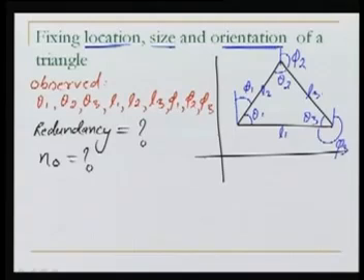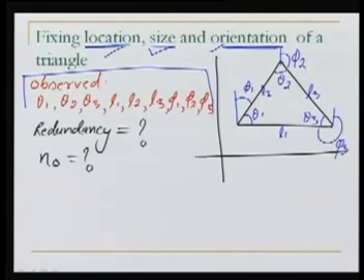But do we really need all these in order to fix the location, size, and the orientation of the triangle? What is the minimum required? So in this case, these are the observations. So what is the redundancy? In order to know the redundancy, we should know what is the minimum number of observations which are required in order to fix this problem.